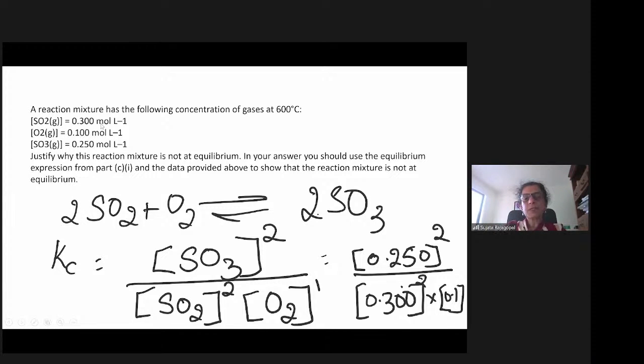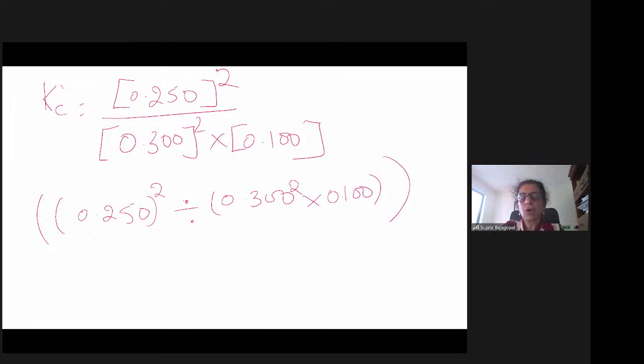Here, if such equations are given, please write your full equation, and balance your equation, please. They will not tell you; it is a given that at level 2, you need to know to balance your equations. So write them, and then, for why it is not at equilibrium, you need to tell what is happening depending on your Kc value.